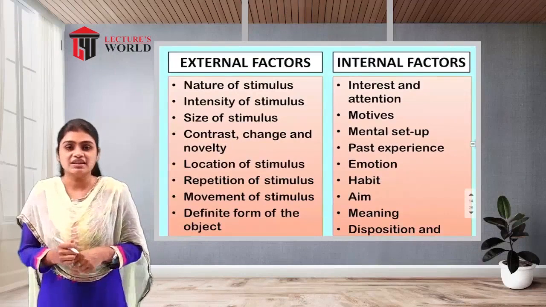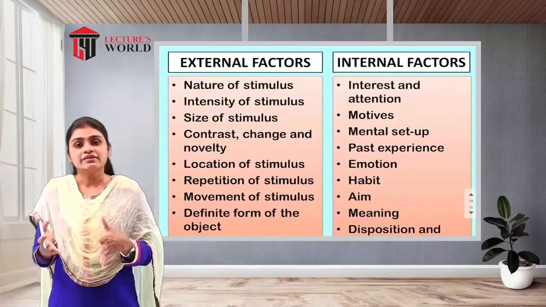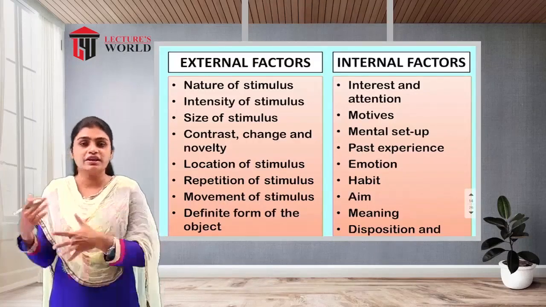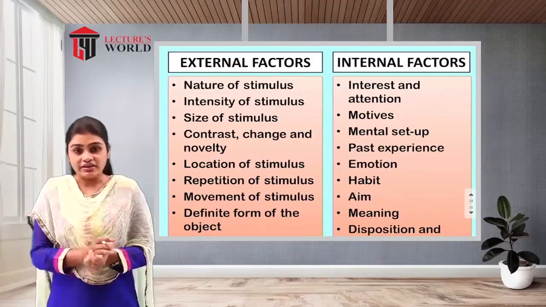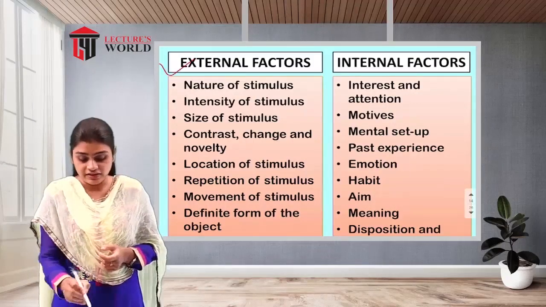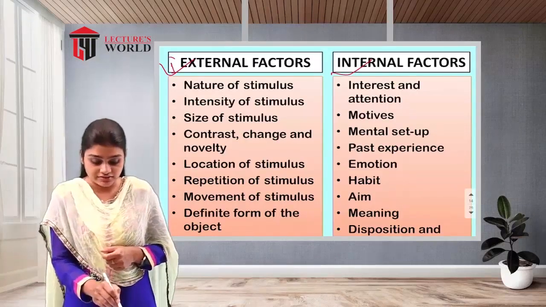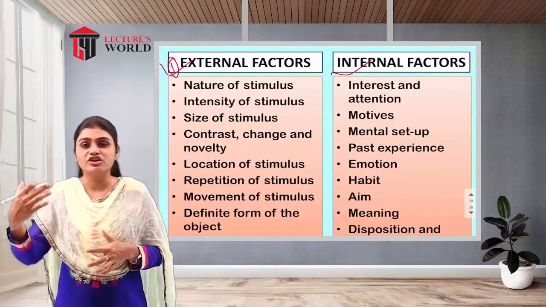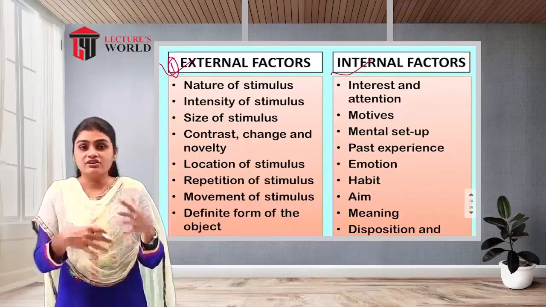As we have seen in our types, voluntary and involuntary attention: in voluntary attention our part is active and involved, in involuntary attention our part is not involved. In the same way, the factors here are external factors and internal factors. External factors are the factors outside, in the environment, the objective factors which we can observe, which encourage our attention.